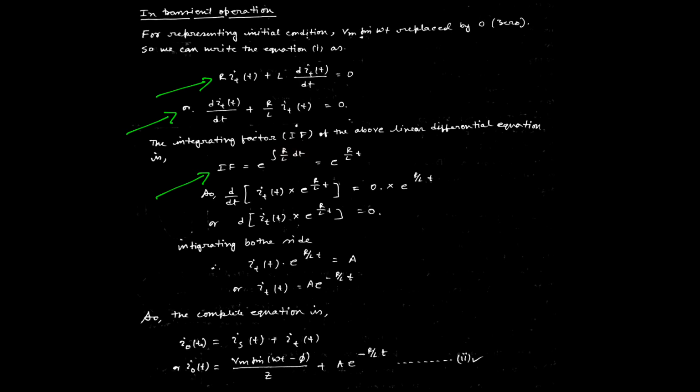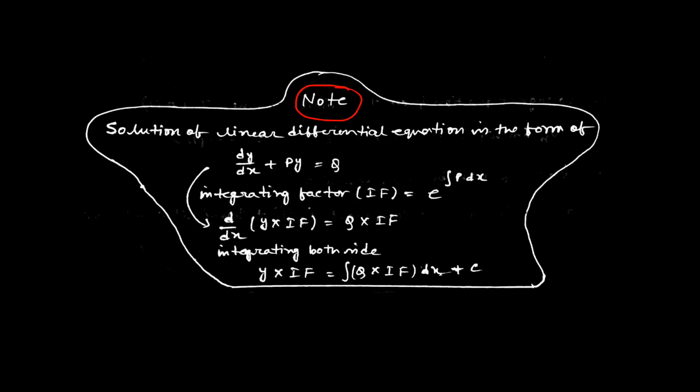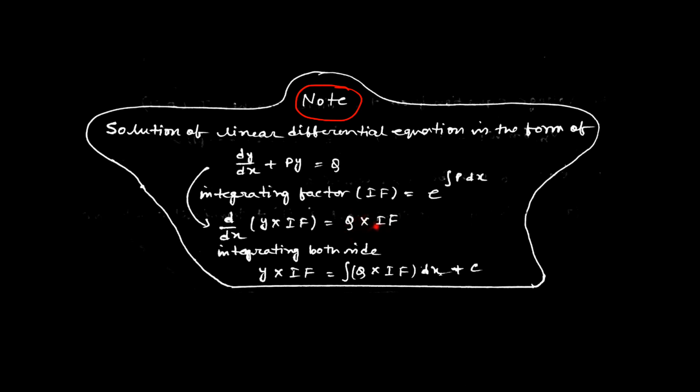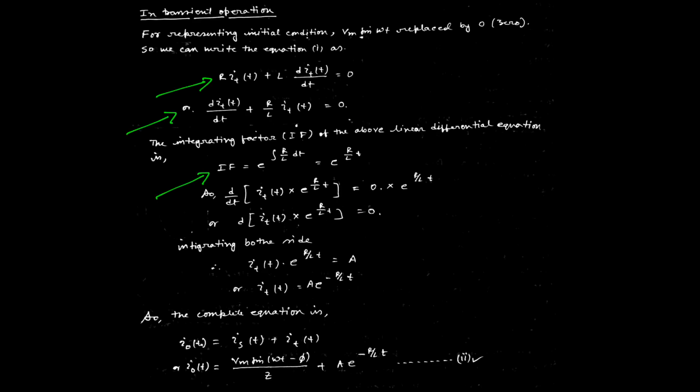That means the solution will be i_t into the integrating factor, here y equal to i_t, and that is equal to q into IF. Here q equal to 0, so 0 into e to the power R by L t.